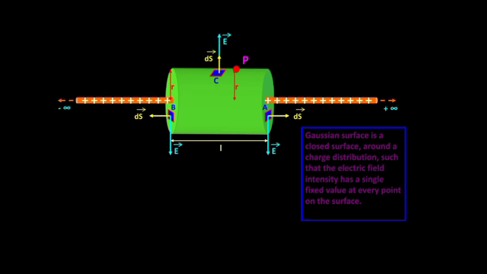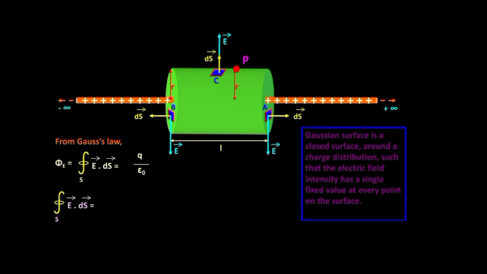So we have to find the electric field intensity at P. So from Gauss's law, total flux is equal to Q by epsilon naught. Q is the charge enclosed by the surface. So we have here 3 surfaces.